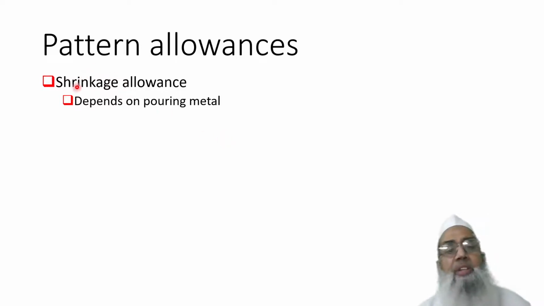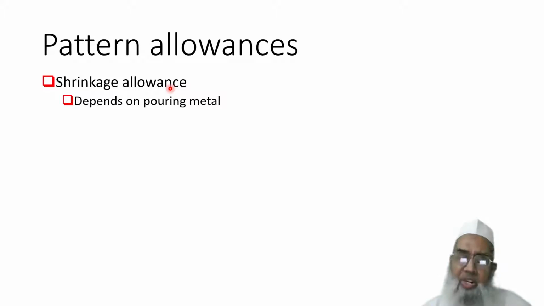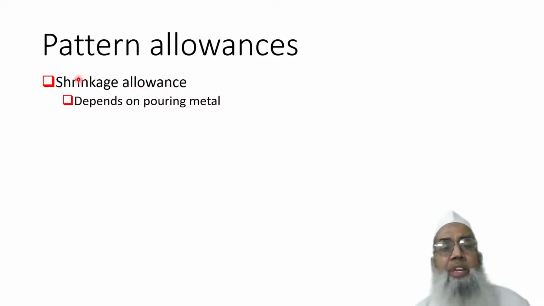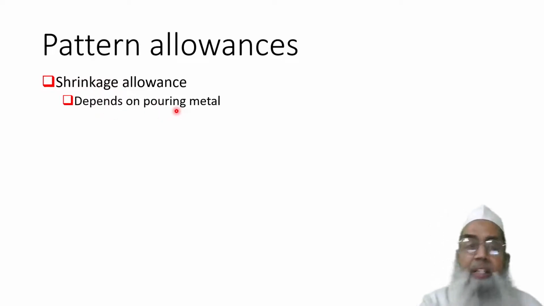Number one is the shrinkage allowance, because while metal solidifies, the liquid shrinks, there is shrinkage in the phase change and also in solid form, and therefore the shrinkage allowance is to be provided, depending upon the pouring metal.